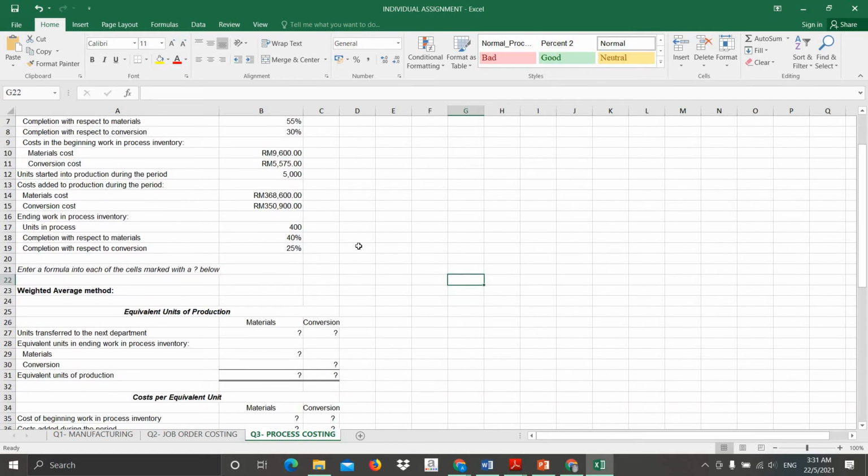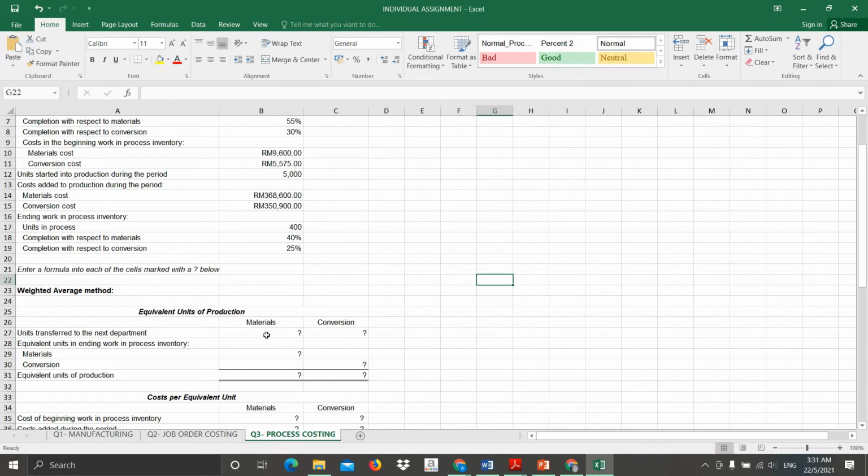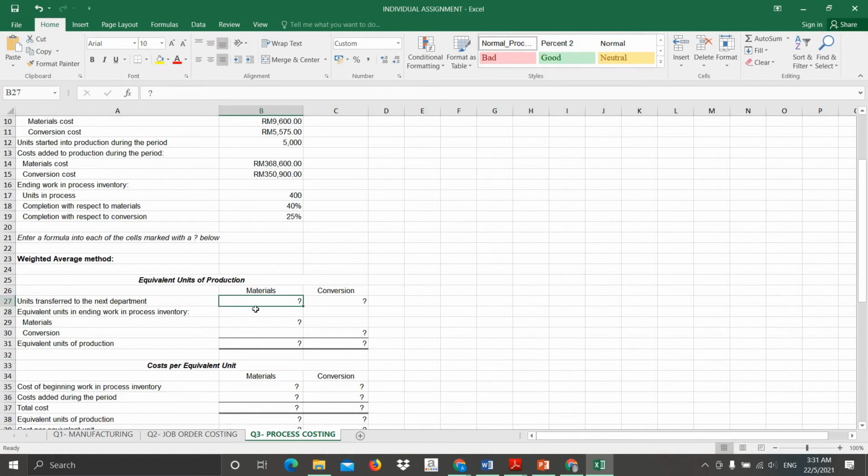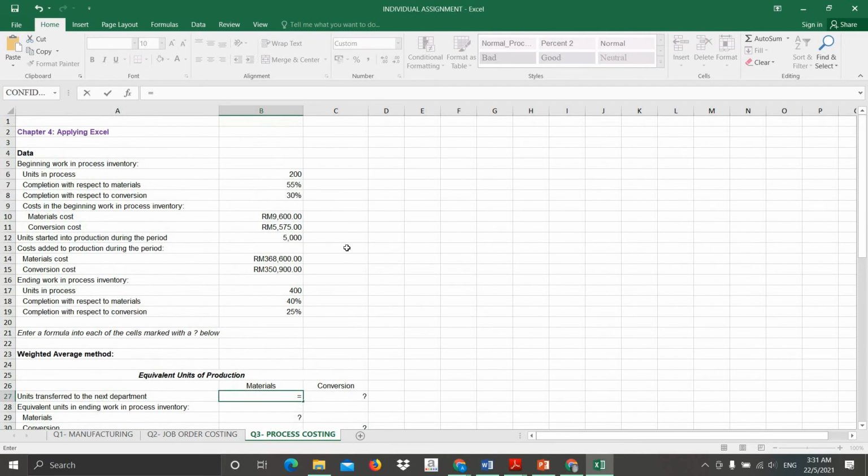Okay, for this one, we need to fill the information given first. Okay, so to get the unit transferred to the next department, we need to add unit in process with unit started into the production during the period, and minus with ending work in process inventory, unit in process inventory.